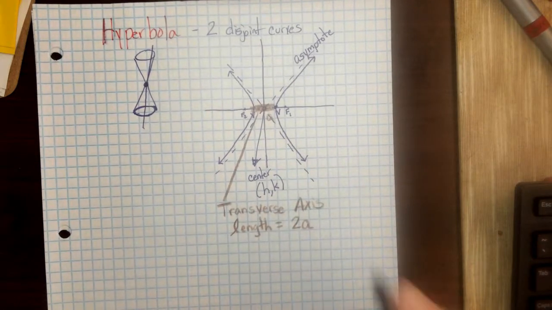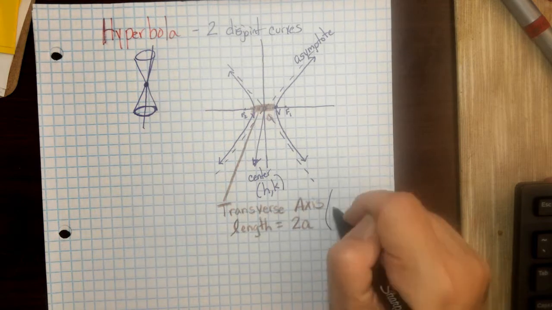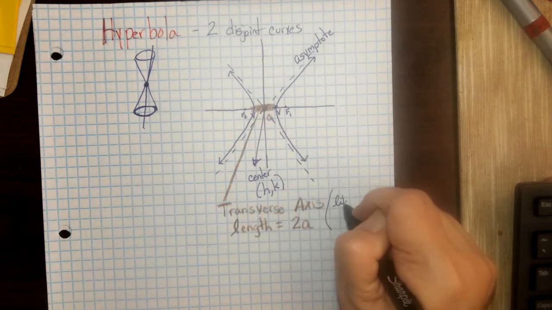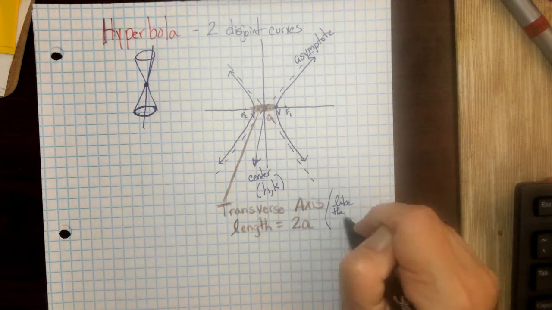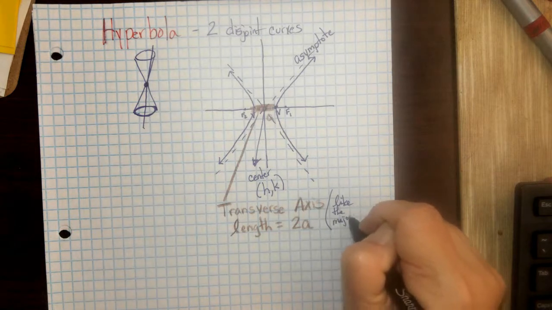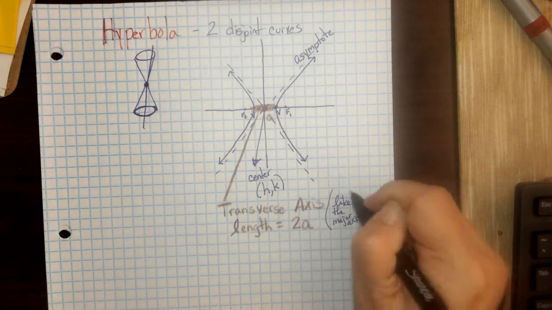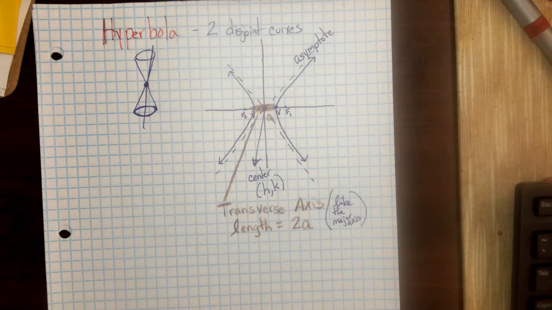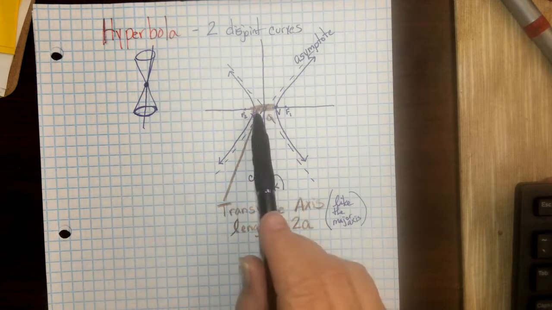So in my mind, I like to think of the transverse axis like the major axis. Because to me, the major and the minor axis in ellipses, that just makes so much sense. So if I can connect that in my brain, the transverse axis, it's kind of like the major axis because the two vertices are on it.